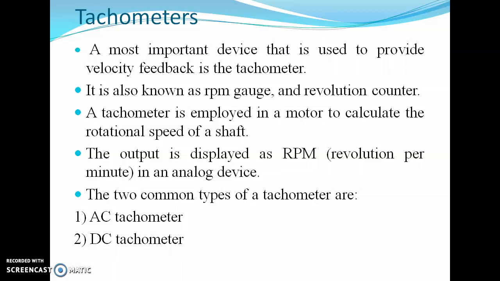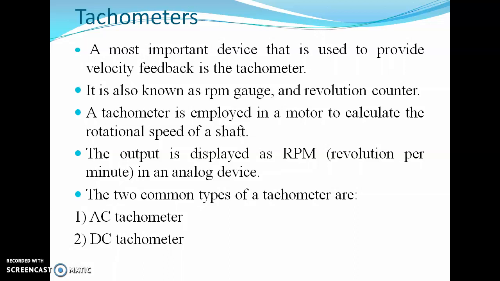So you might have used a tachometer to measure the rotational speed of a shaft. A tachometer is employed in a motor to calculate the rotational speed of a shaft. The output is displayed as RPM, revolution per minute, in an analog device.